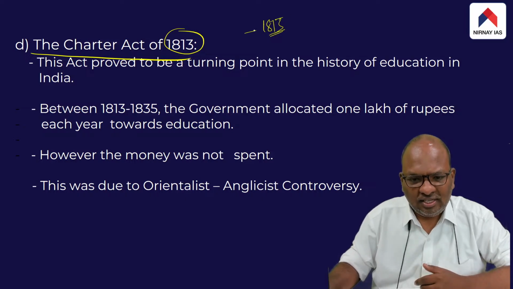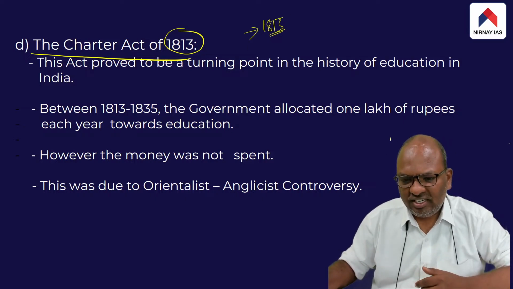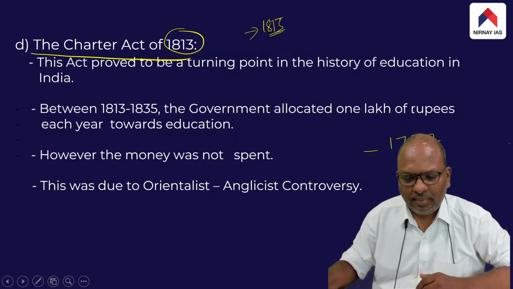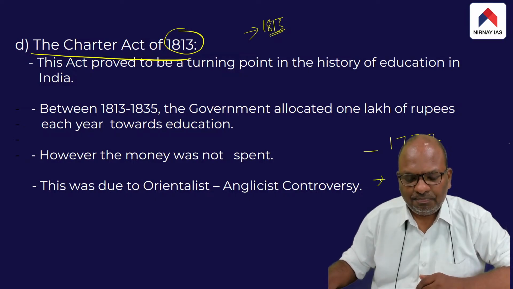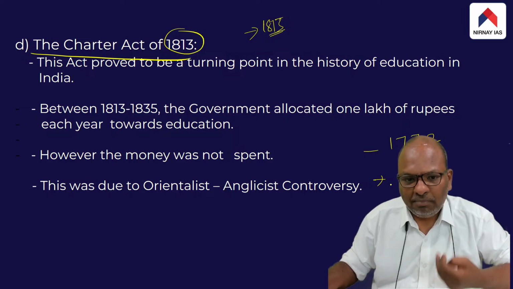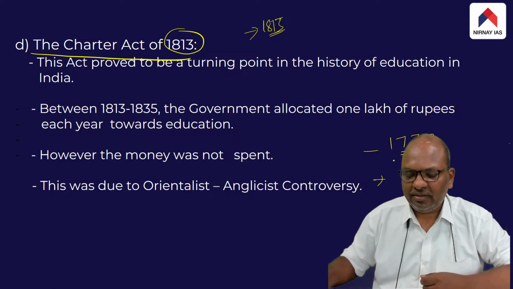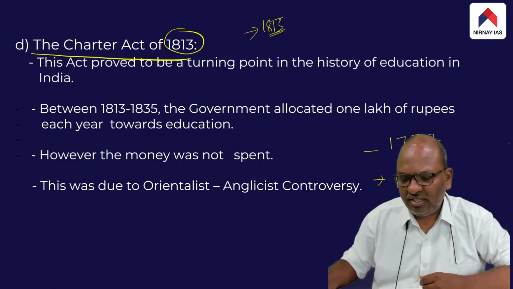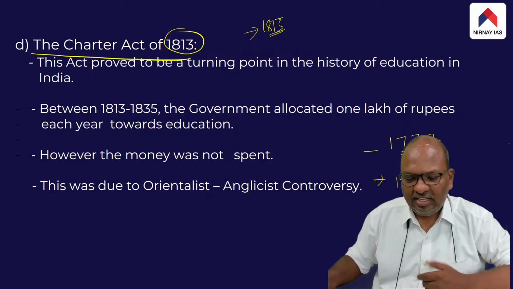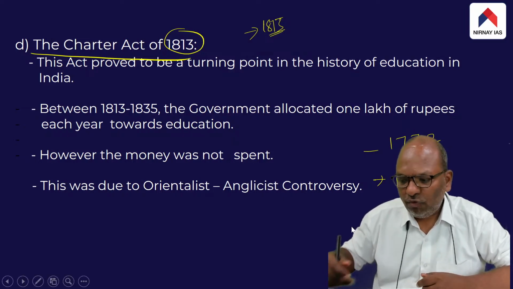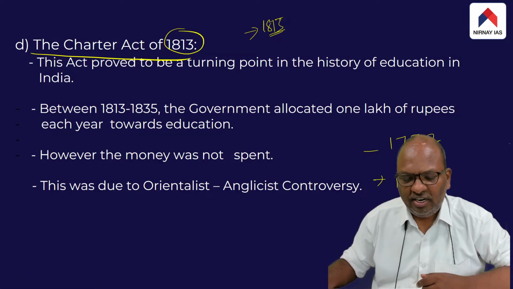The East India Company became a territorial power in 1772 AD itself, and immediately thereafter the British Parliament kept passing legislations with the objective of regulating the activities of the East India Company. The first such act was passed in the year 1773, and thereafter, for every 20-year period, the British Parliament kept passing legislations. One such legislation was the 1813 Charter Act.